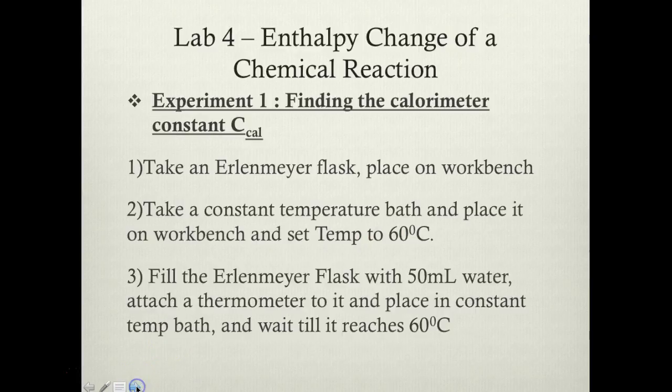Fill this flask with 50 mL of water using the water bottle from the materials tab, and then attach a thermometer to it. Then take this flask with 50 mL of water and place it in this water bath, and wait till the temperature of the water inside the flask reaches 60 degrees centigrade.